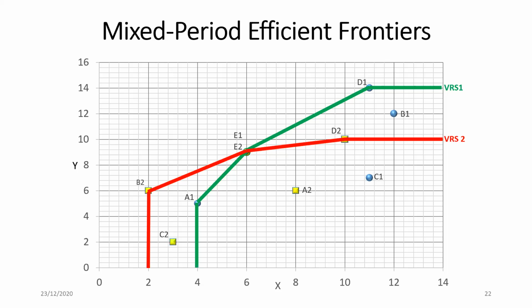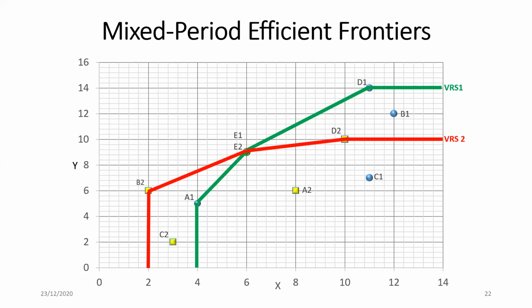Now let's go to D2. Nathaniel. D2 will be 13 over 10. Exactly. You see that one, there is a green frontier above D2. And because there's a green frontier above it, we can estimate the cross-period efficiency for it.